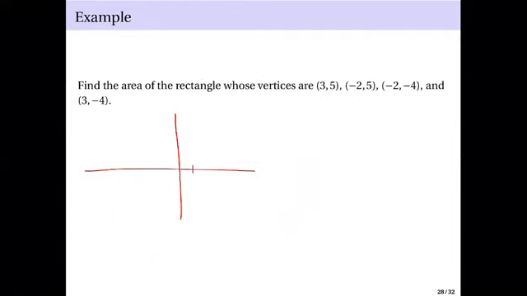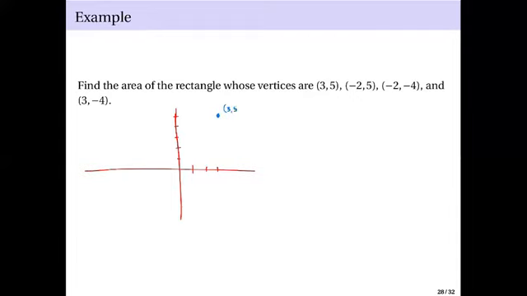So 1, 2, 3 for the x. And then you have 1, 2, 3, 4, 5 for the y. So 3, 5, it's somewhere here.